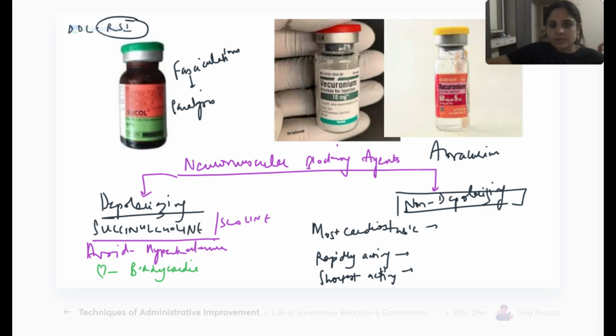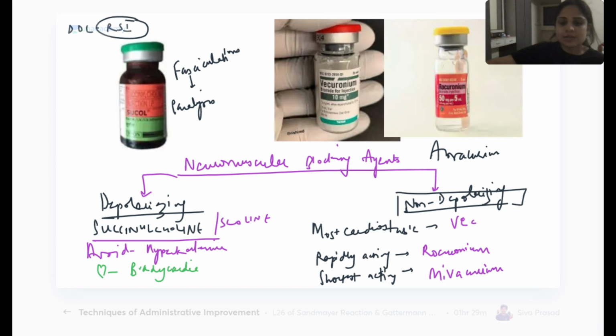Okay. So the most cardiostable one is vecuronium. What is the most rapidly acting? No, it is rocuronium. What is the shortest acting one? Mivacurium.